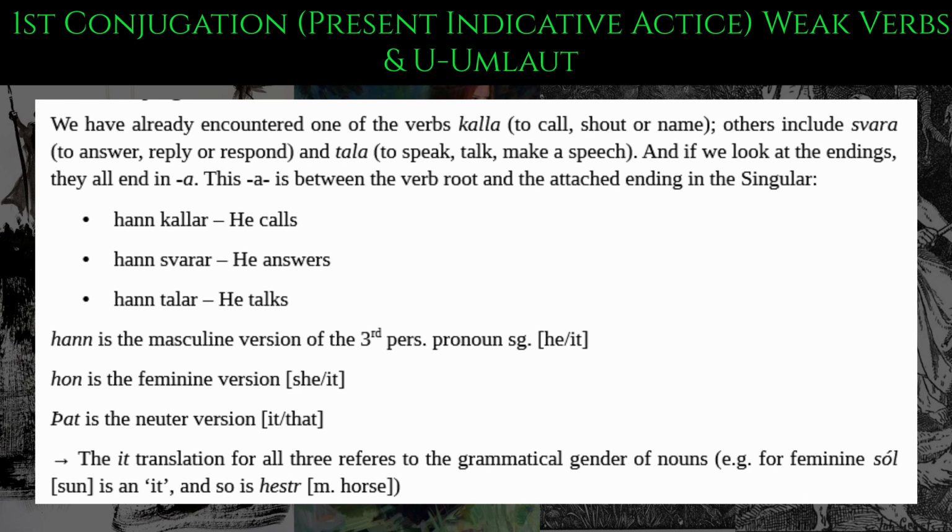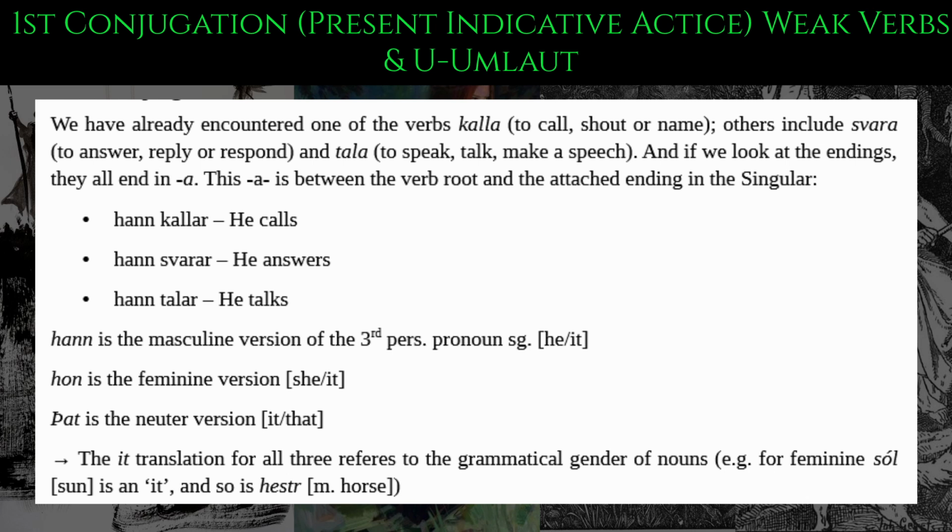Now, a little side note here. Hann is the masculine version of the third person pronoun singular, so he or it. Hon is the feminine version, so she or it. And thath is the neuter version, so that or it.